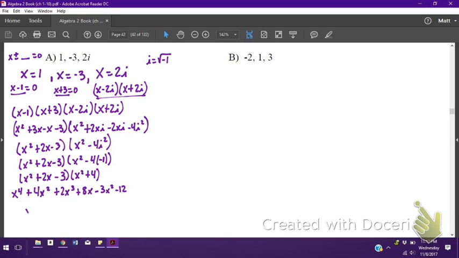So if I combine like terms, I get x to the 4th plus 2x cubed, and I got a 4x squared and a negative 3x squared, so plus x squared, then plus 8x minus 12. So there is my polynomial.